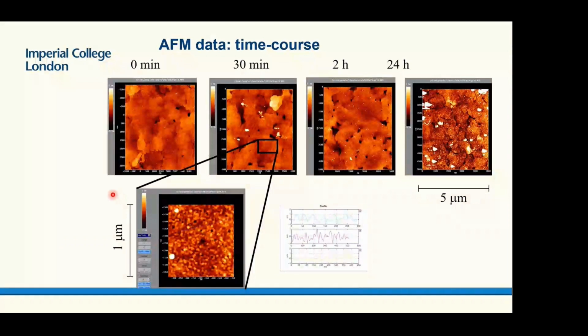We monitor the position of the protein by AFM. Here you can see the gold surface before immobilization. You can see the triangular shapes of the Au(111) terraces that have been annealed. Then you can follow the position of the protein, and you can start seeing the formation of a monolayer, and then the more you leave it, the more aggregation you see on the surface, and the more proteins build multilayers on the surface.